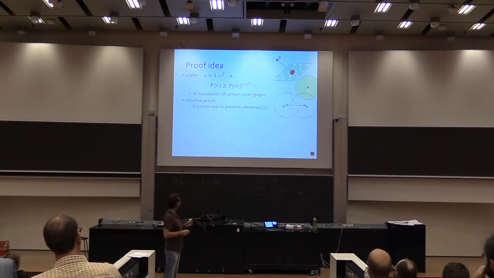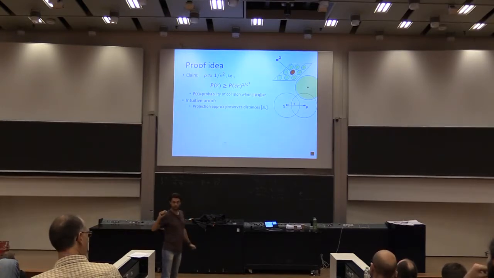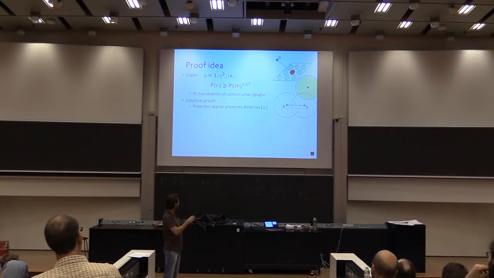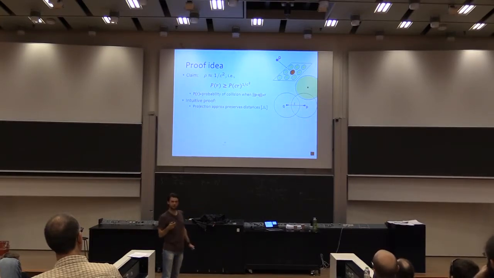Let me think about the center of the ball corresponding to this hash function, being chosen randomly in this space. If this center is sufficiently far away from P and Q, in particular outside the union of these two balls of radius W, then it does not affect whether P and Q collide or not.